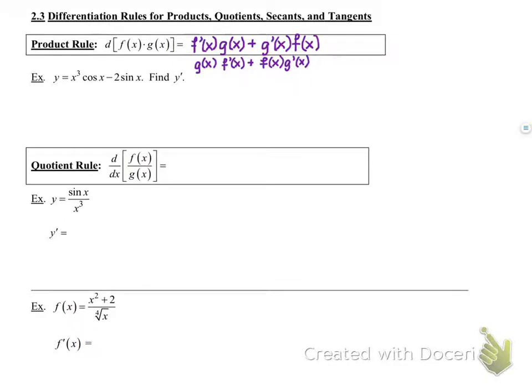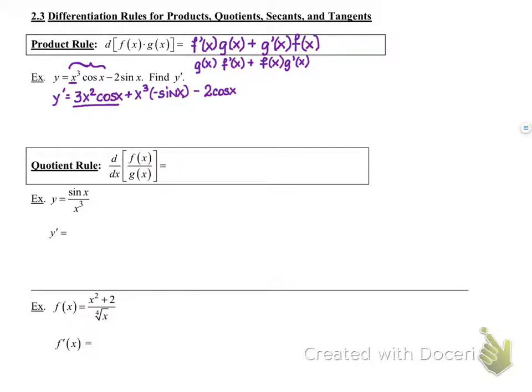Okay, now we're going to look at the derivative when y equals x cubed cosine x minus 2 sine x. So here, I took the derivative of the first part times the regular of the second part of this product right here and got this.